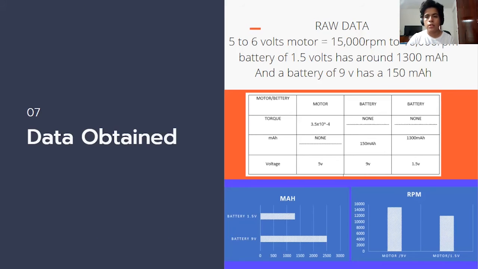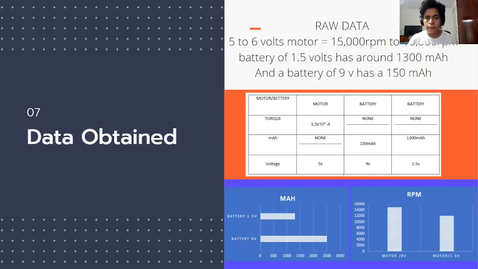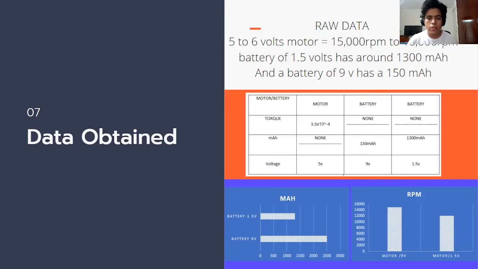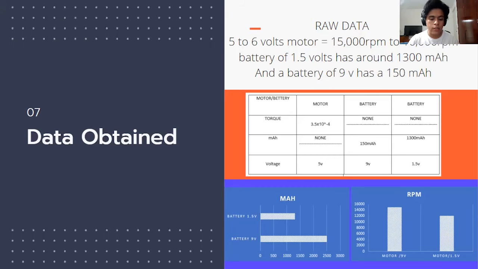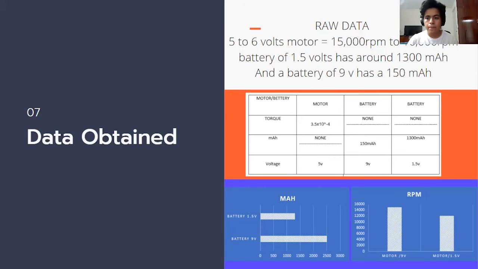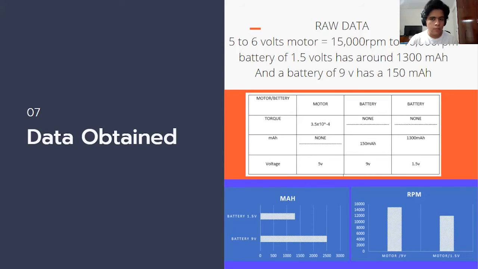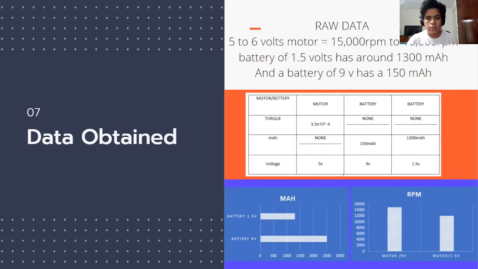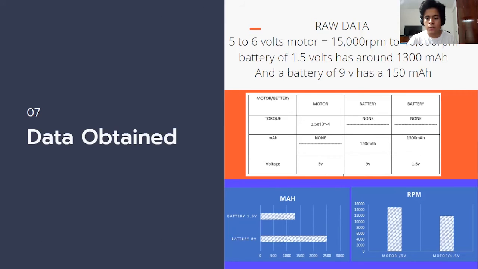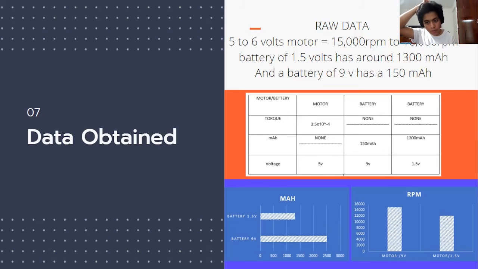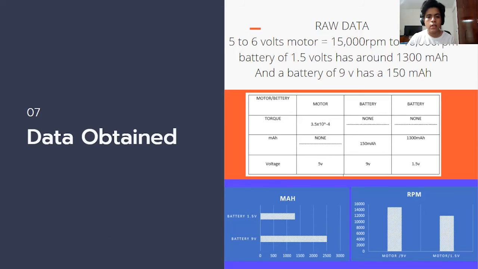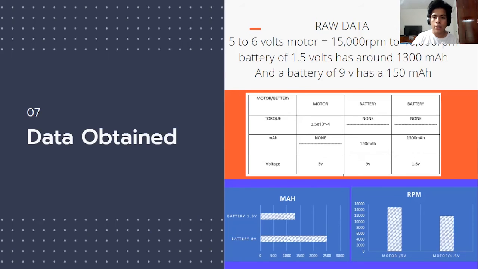As we can see, using the 9 volt battery, I could reach the maximum RPM of the motor, which was 1,600. In the second motor, I couldn't reach the maximum revolutions, but it is not a big difference. It differs, with the second battery, at 1,400, so it is not a big difference. This is the compilation of the data I had.